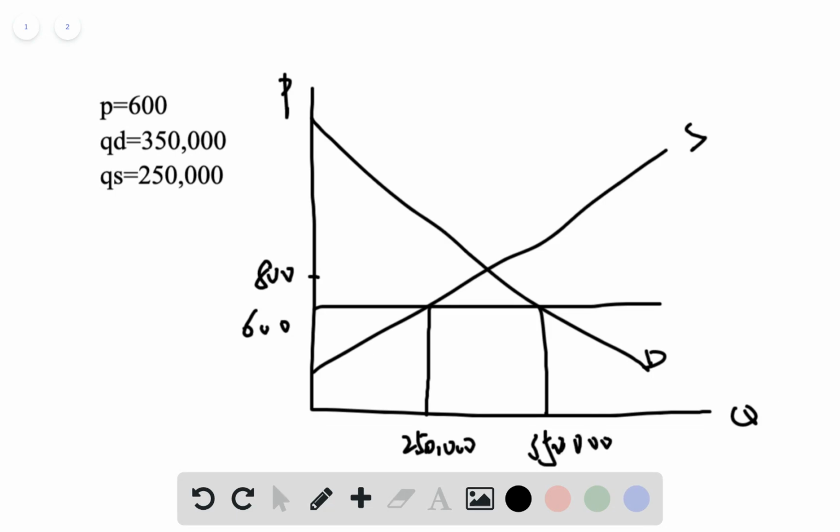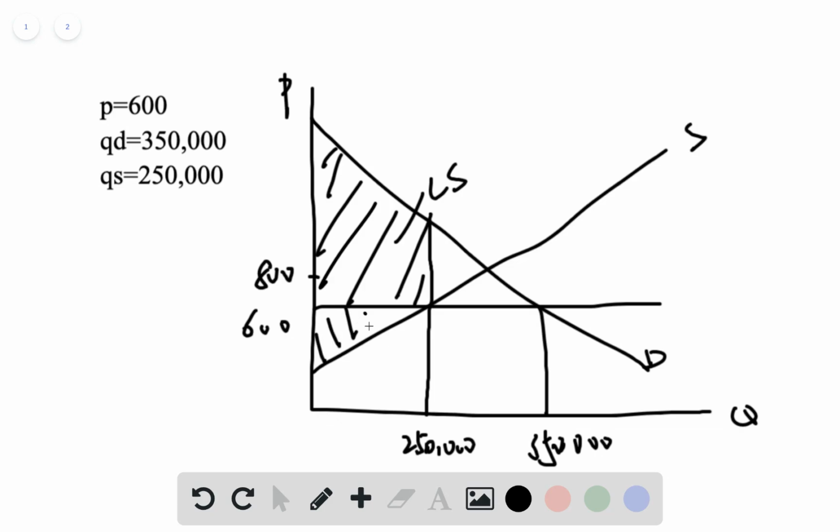Okay, so on the graph, we need to find firstly where the consumer surplus is. Because the quantity demanded is larger than quantity supplied, the quantity available in this market is only 250,000. So if we know it's 250,000, we can draw the consumer surplus. This is the consumer surplus, and the producer surplus is this triangle here.